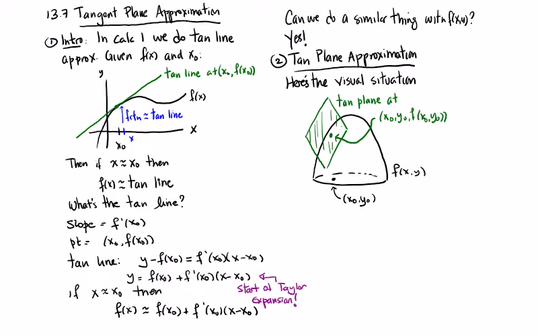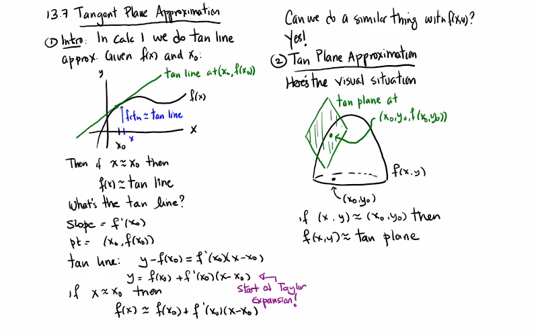And so what happens is we can make a similar claim. We can then say, well, look, if I take a point, say, xy, which is close to x0, y0, then f of xy is close to the tangent plane. And again, we can see that in blue.